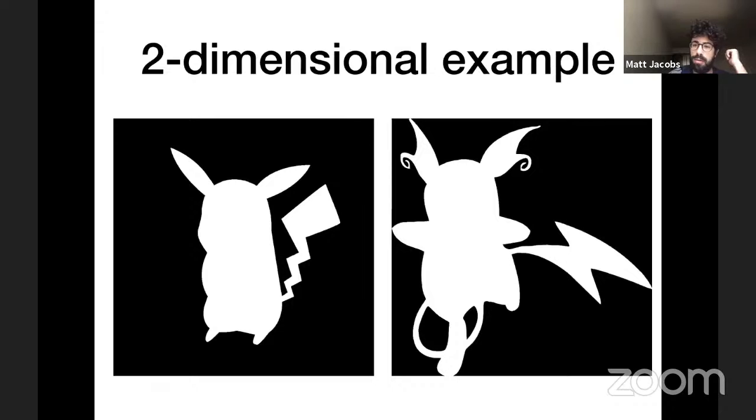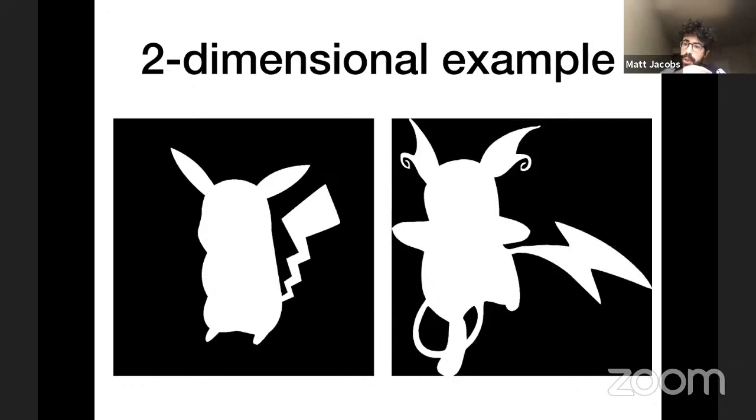This is my favorite example of doing optimal transport. I have an image of Pikachu, I have an image of Raichu, and I want to find the optimal transport map between them. What I'm going to display in these computations is the displacement interpolant between them.